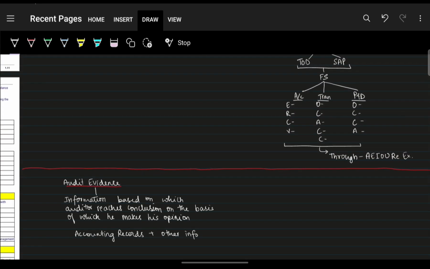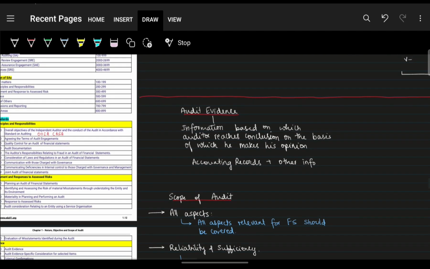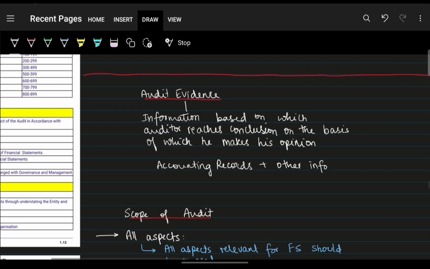Now we will start with the new topics. We just completed whatever we had covered yesterday, and today we will start with audit evidence. So what is audit evidence?